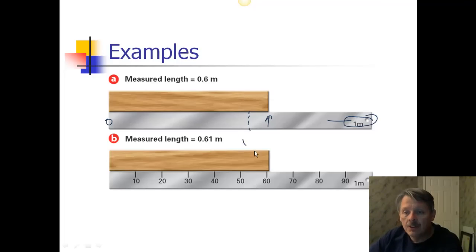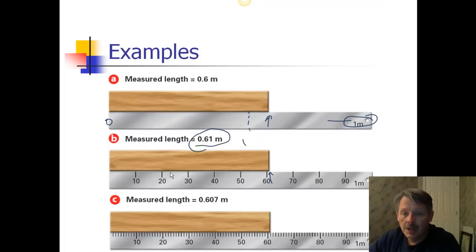Now here you'll notice I have 0.6 meters and 0.7 meters. So now all of a sudden I can estimate where it is and say, well, that's at about 61 centimeters or 0.61 meters. Because now I have additional lines that help me out.